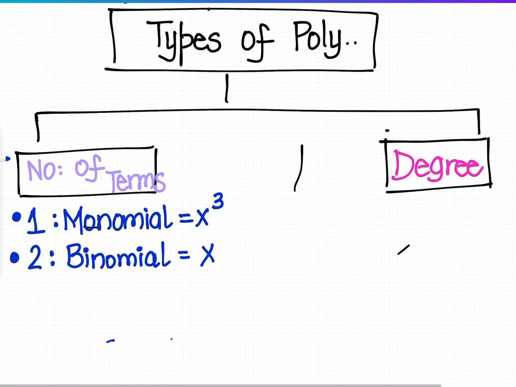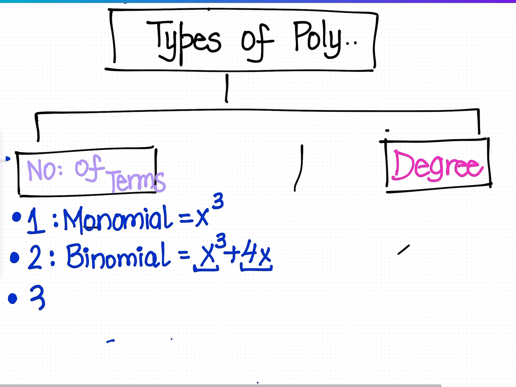We can give an example as x cubed plus 4x. Here you can see they are separated by this plus sign and there are 2 terms. One term is x cubed, the other term is 4x. Hence there are 2 terms and we call it a binomial.